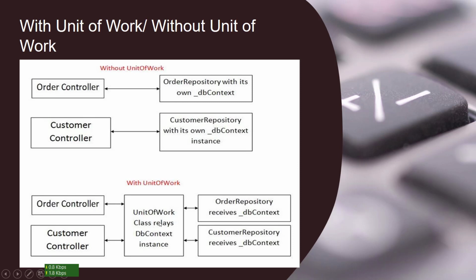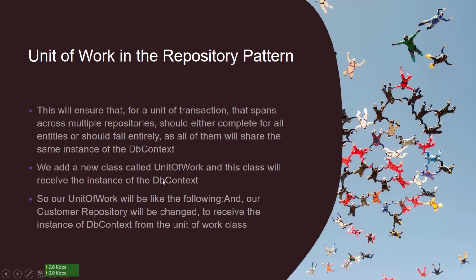If it passes, it passes for both the order repository as well as the customer repository. That is the beauty: once we send data to a single DB context, a single transaction would be there. If the transaction fails, everything fails. If the transaction passes, it passes for everything. That is what I have already explained, how we can do it.